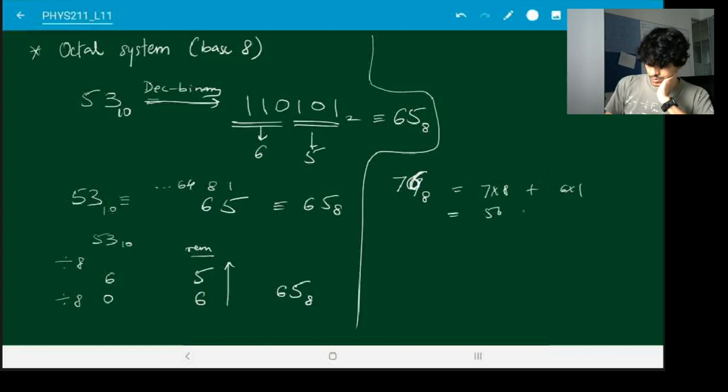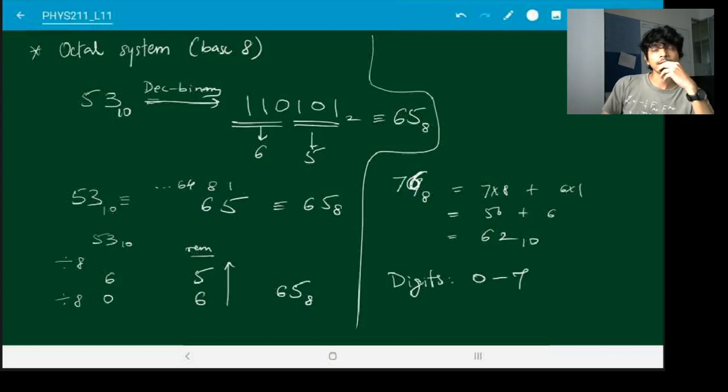So this is 56 and 6, which is 62. So 62 in decimal is written as 76 in octal. Of course, because we are working in base 8, the relevant digits over here are from 0 to 7. So this is your octal system.